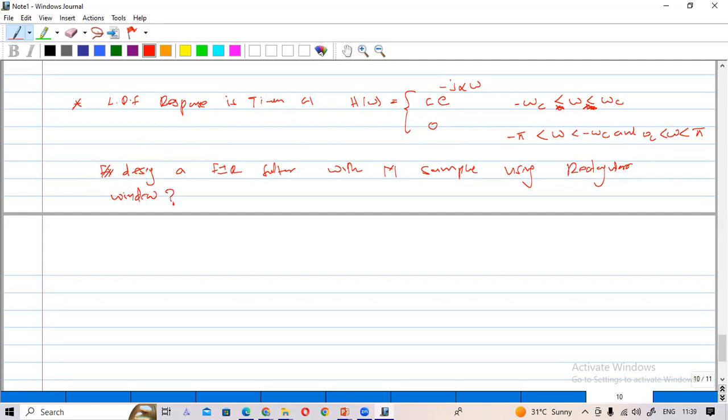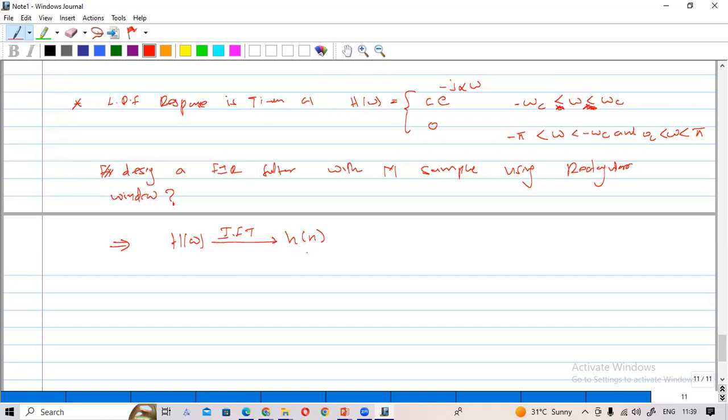So can you try to evaluate this? What you have to do is, first, H(ω) is given. So the first thing you have to do is apply the inverse Fourier transform, then find h(n). You have to find h(n).